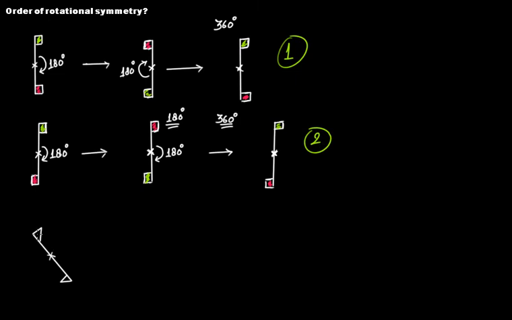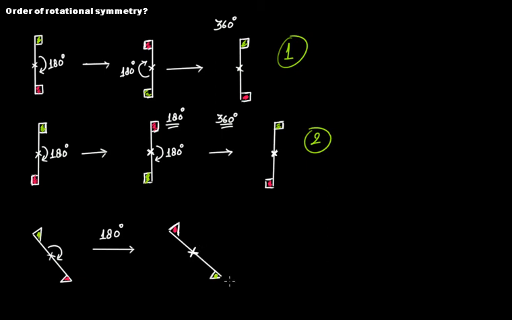In this figure, if you color this with green and this one red, now if you rotate this figure by 180 degrees, this time here is the red one, here is the green one, and this is the point of rotation.